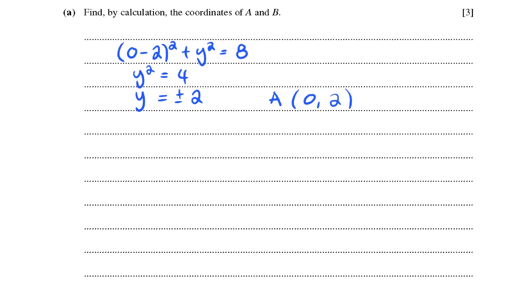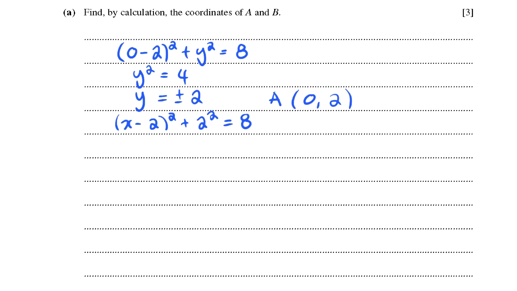Then to find B, we can take the y value, which we now know for B and A are the same. The y value is 2, put it into the equation, and we will have x minus 2 squared plus 2 squared, because y is 2, is equal to 8. 2 squared is 4, 8 minus 4 is 4. And so we're doing the square root of 4 again.